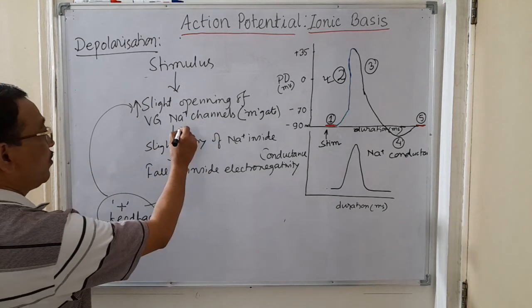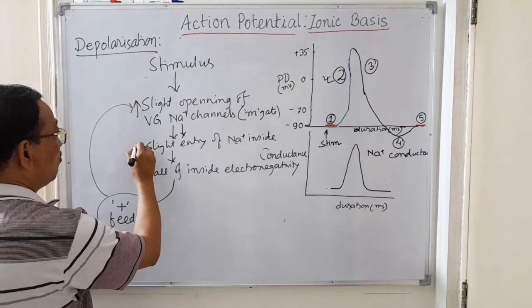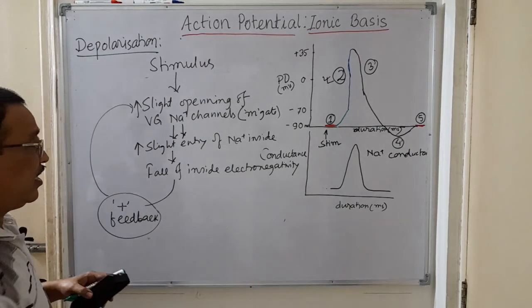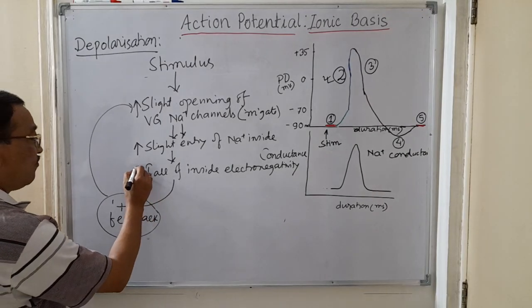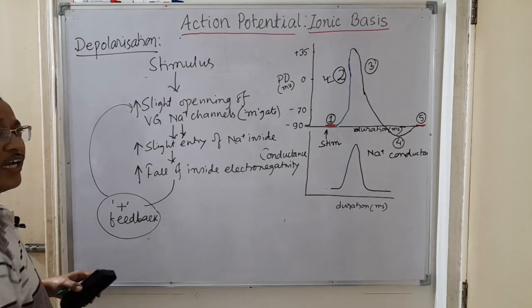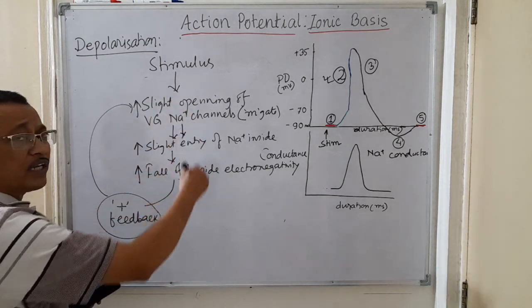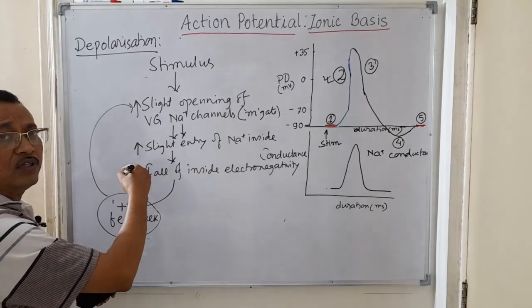Further opening means there is a further entry of sodium ions inside, and thereby a further fall of inside electronegativity. In this way, this cycle will be repeated and continued.